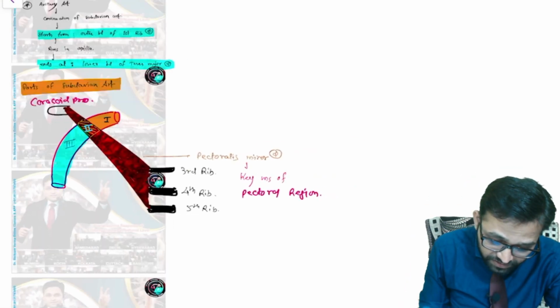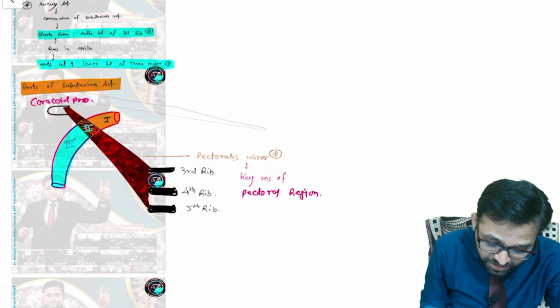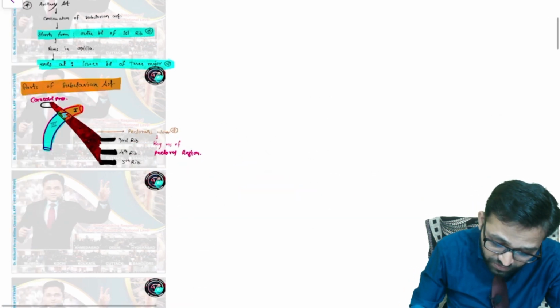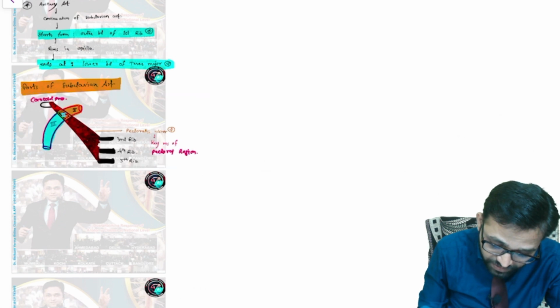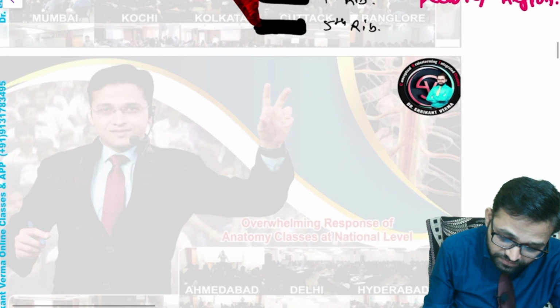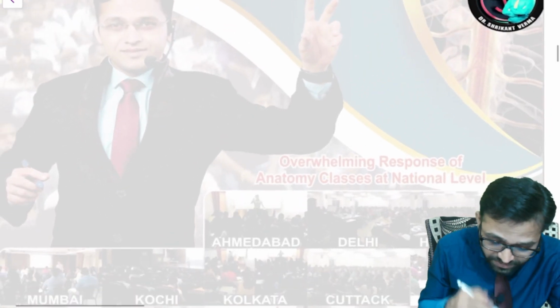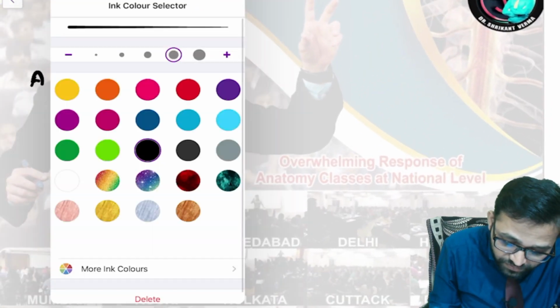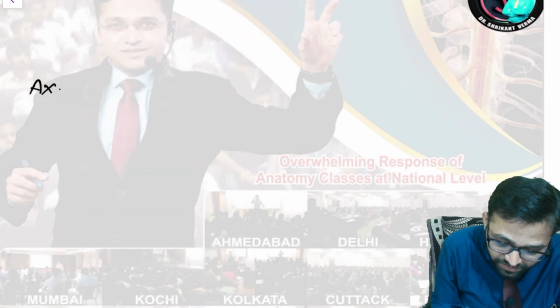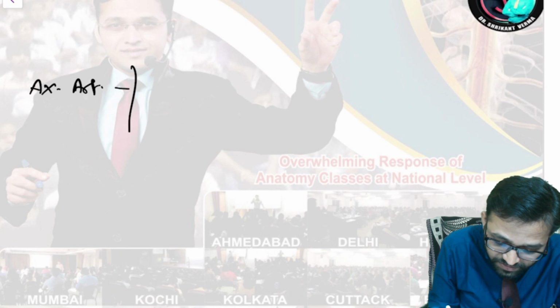Now try to understand, there are different branches of the axillary artery. So in a funny way we are going to learn what the different branches are. Okay, sir, fine. We have learned that the axillary artery has three parts.